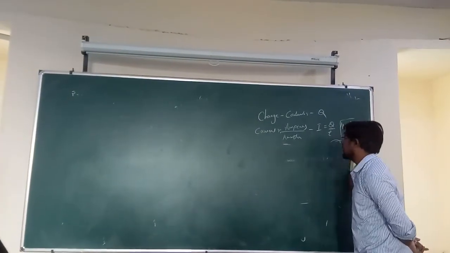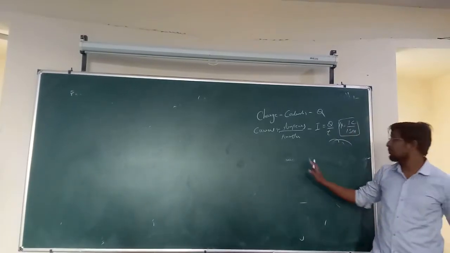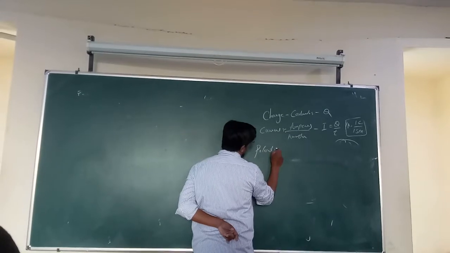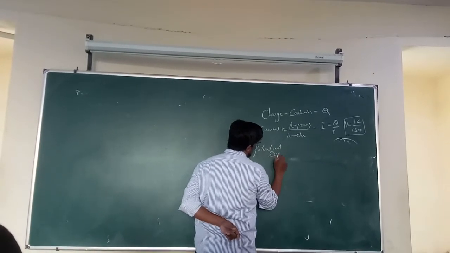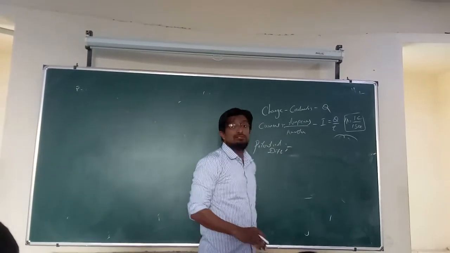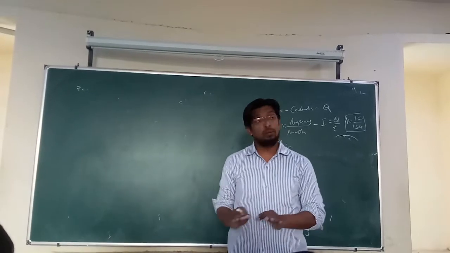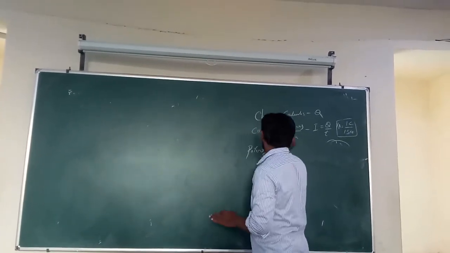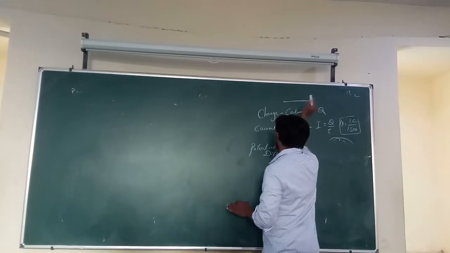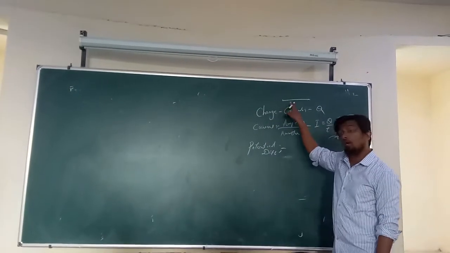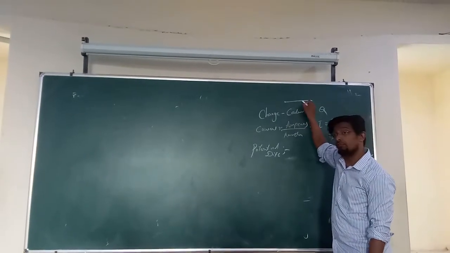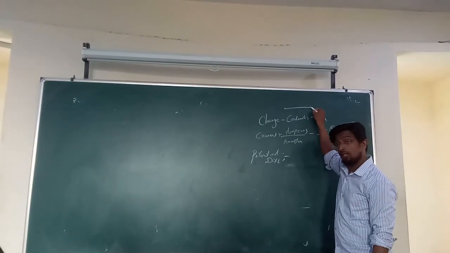Next very important thing after knowing the charge and current is potential difference. Potential difference is work done or energy required to move a unit charge from one point to another point.